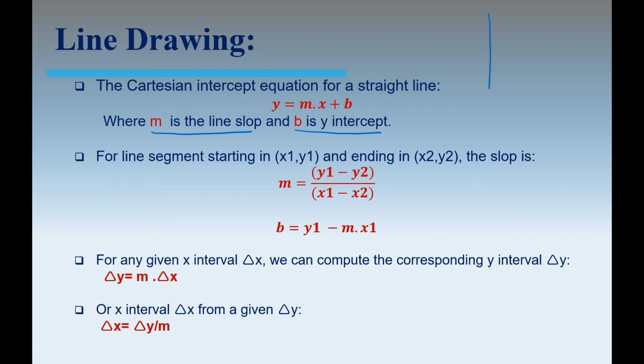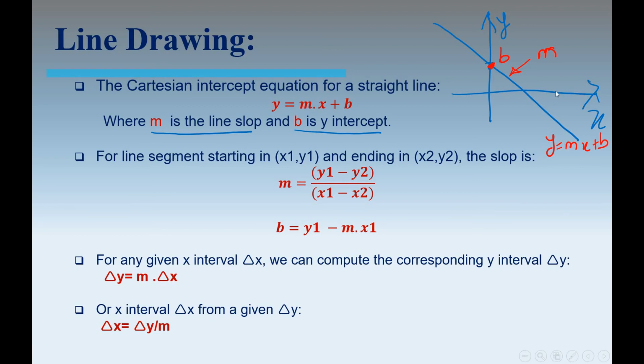Here this is your x axis, this is your y axis, and suppose we have a line like this. This is the point where it crosses the y-axis. This is your b, the y-intercept. This slope is your m, and the formula of this line is y equals mx plus b. You have to remember this.